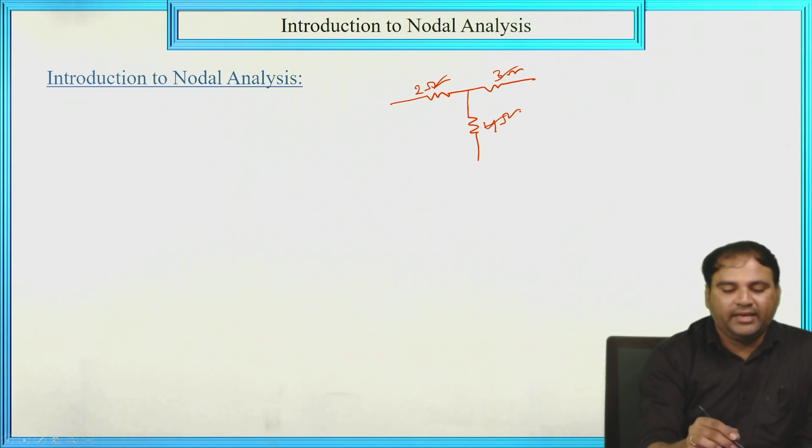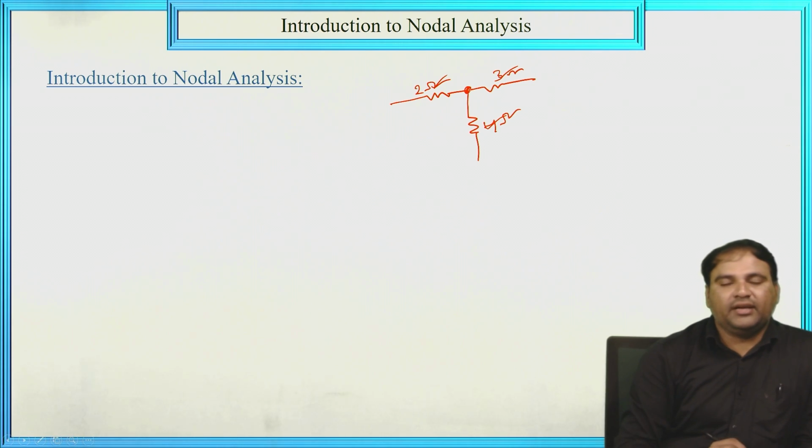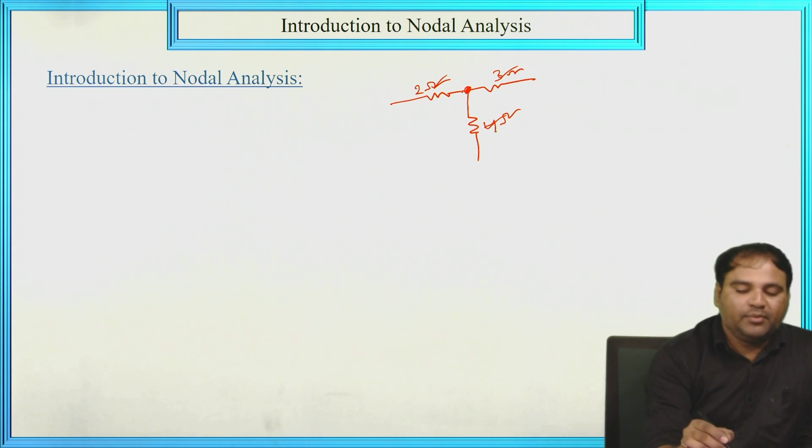These three elements are connected at a single point, and this point we call a node.